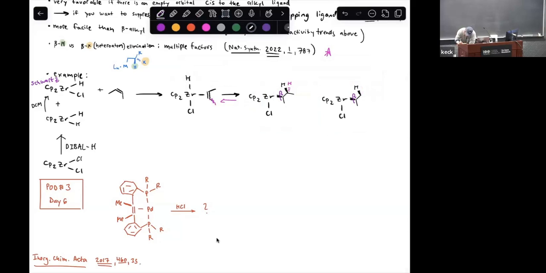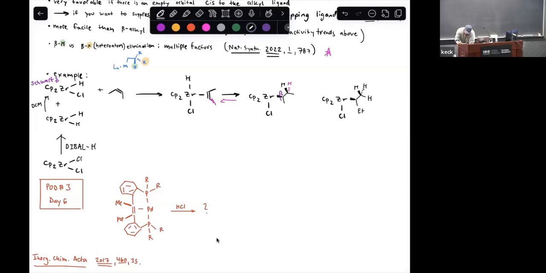I realize this is kind of a painstaking detail, but I think sometimes these details are important. So we've rotated the ethyl out of the way. And now we've got the methyl that is accessible.